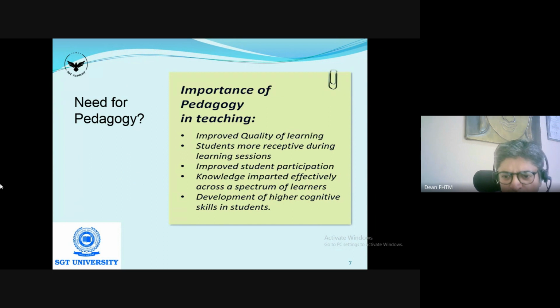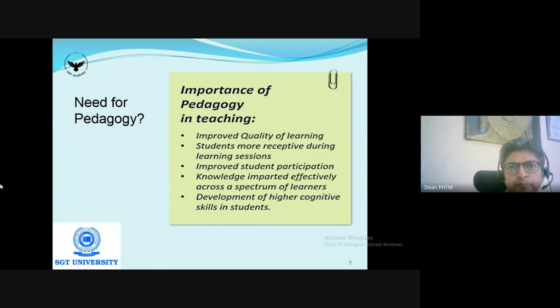The need for pedagogy is as simple as it is mentioned here: improved quality of learning. Students are more receptive, improved participation, there will be more interaction. The knowledge is imparted effectively across a wide spectrum of learners, means students who are coming from different backgrounds and different cultures.